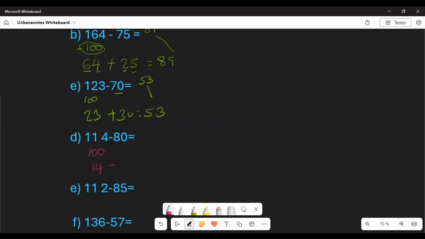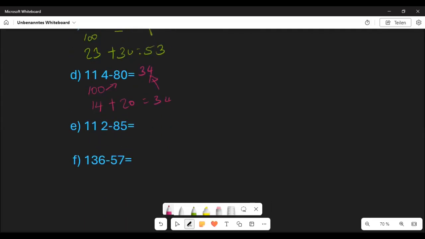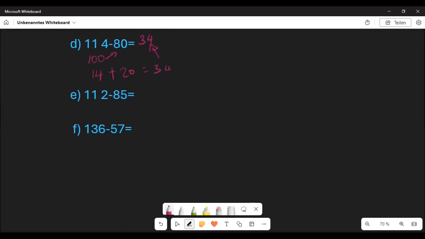That is what we want to add to the difference between 80 and 100, which is 20. In this case, we have 34. This makes maths so simple, as if it's nothing, and it guides you and helps you to do mental maths.